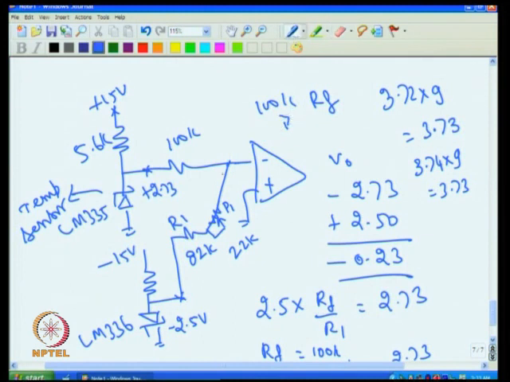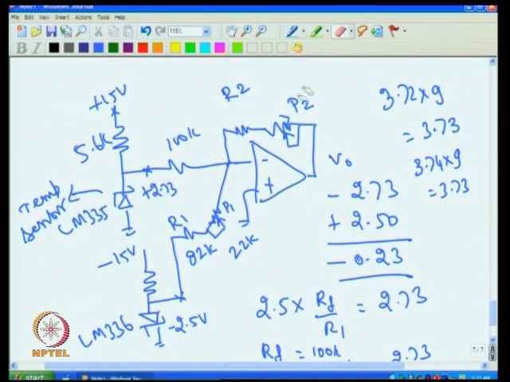So what I do is, I will add the resistance here, then I add one more potentiometer here. So this I keep as a potentiometer like this, and this is a fixed resistance. I call this P2 and this resistance R2.